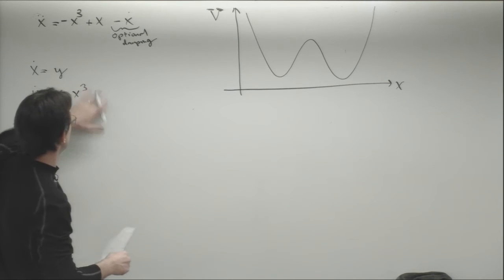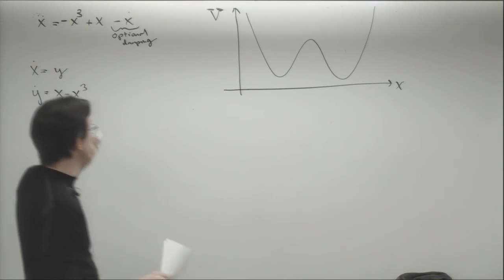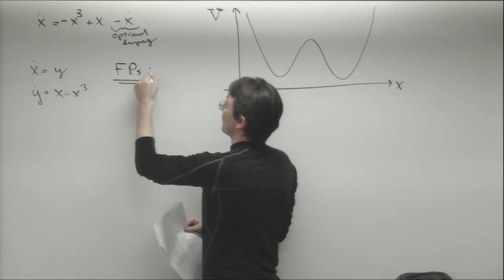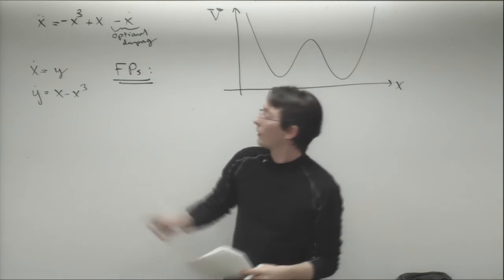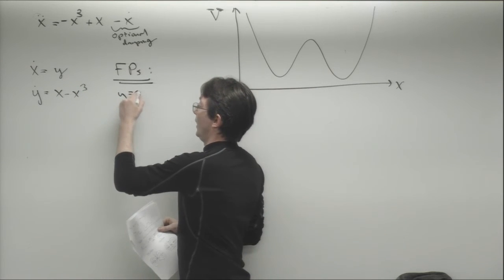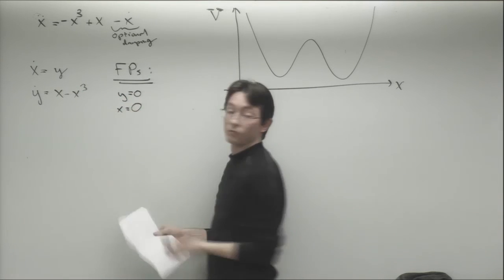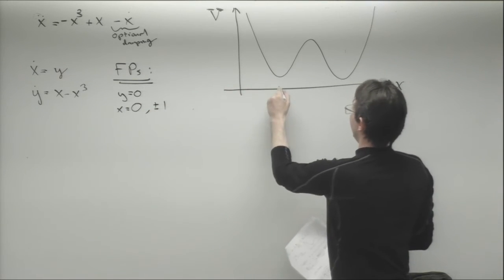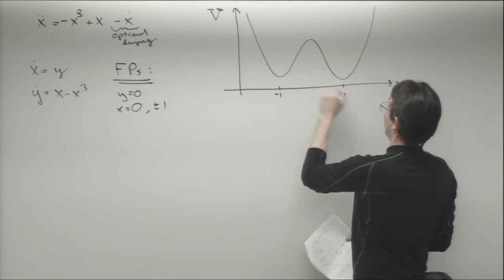Let's say, forget the damping for now. What are the fixed points of this system? Okay, so y definitely has to equal 0, yeah? And x could be 0 or plus or minus 1. Okay, so this is minus 1, plus 1, and 0.